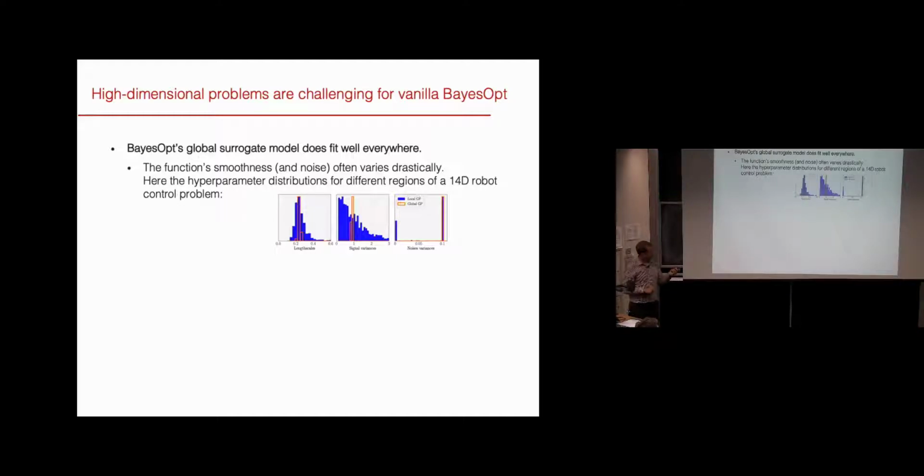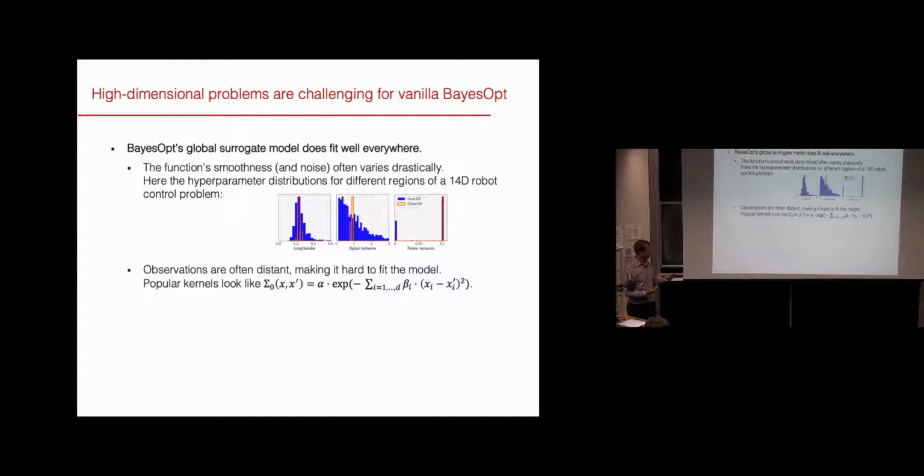Either no noise or some noise. But now a global GP model has to essentially choose one value for each of these, right? It must make a call. How wiggly is the function? Because it's supposed to be a homogeneous function. How much noise is there? So a global GP model is limited in its ability to adapt to the function.